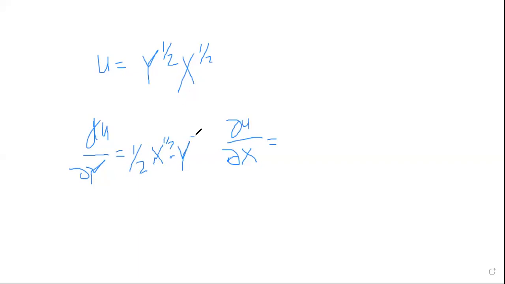So that gives you minus 1 over 2. And then this will also be half, that's the same thing. So half y to the power half times x to the power minus 1 over 2. Right? That's how it's going to be.